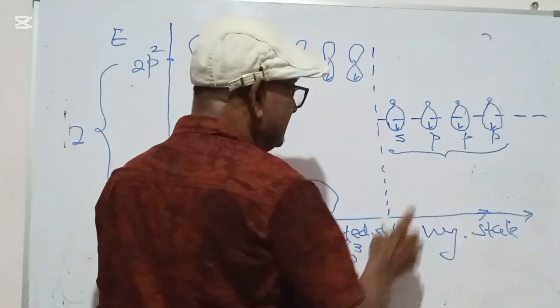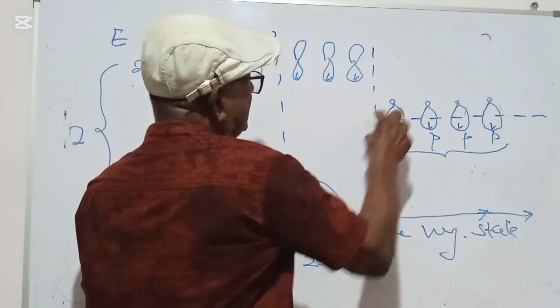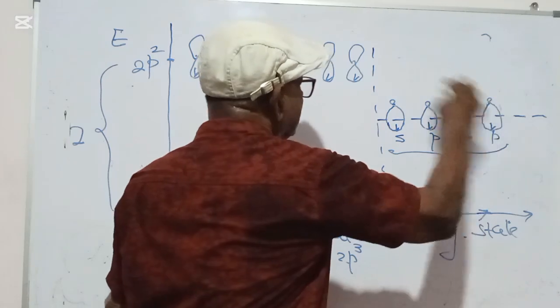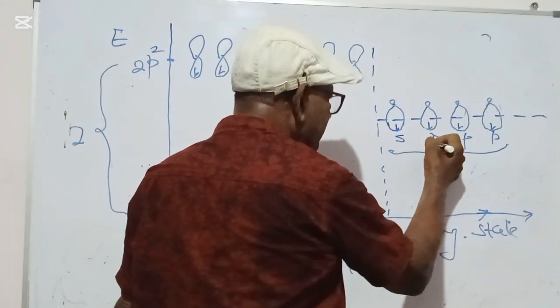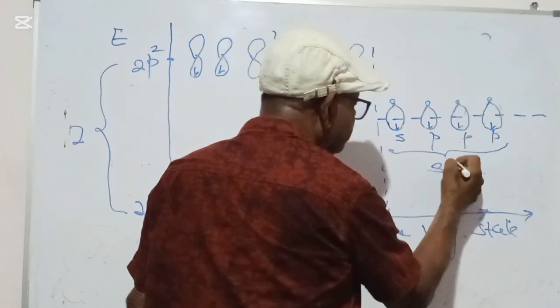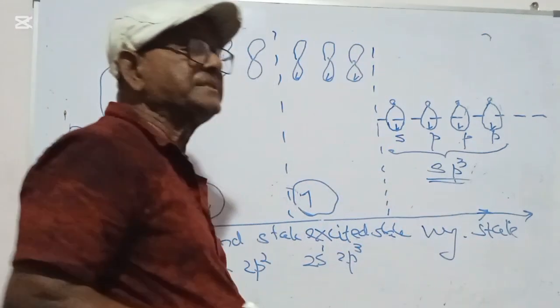Here is one s orbital. That s orbital combines with 3 p orbitals. So sp3, this is the type of hybridization.